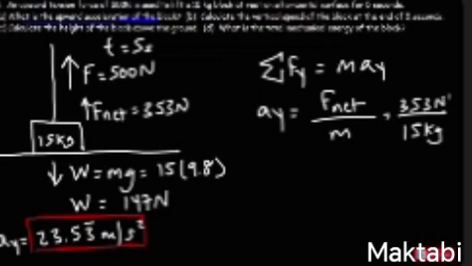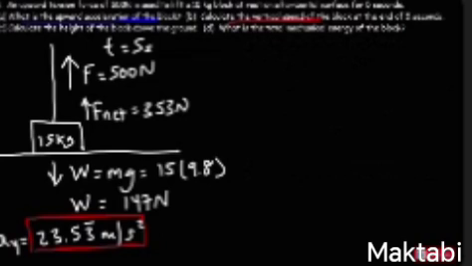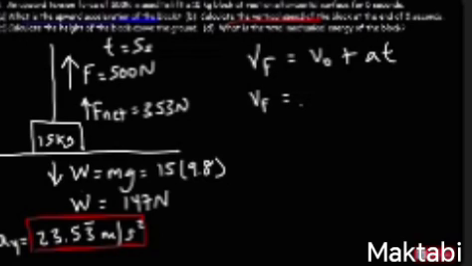Now let's move on to part B. Calculate the vertical speed of the block at the end of 5 seconds. In order to calculate that, we could use this equation. V final is equal to V initial plus AT, but dealing with motion in the vertical direction. So the block is initially at rest on the horizontal surface, so V initial is 0.